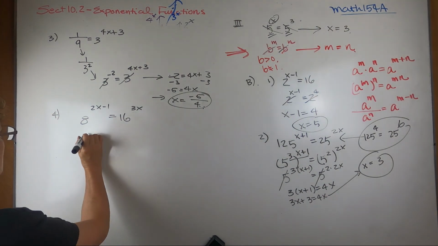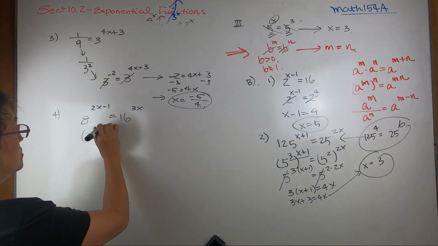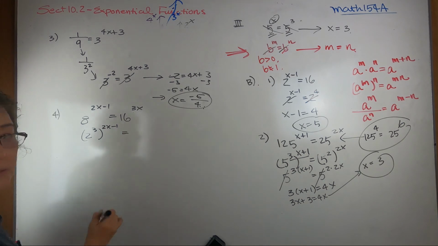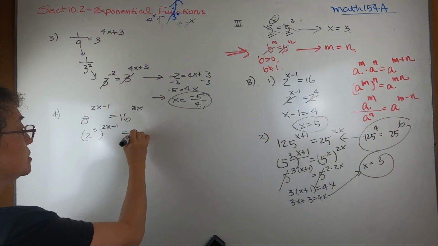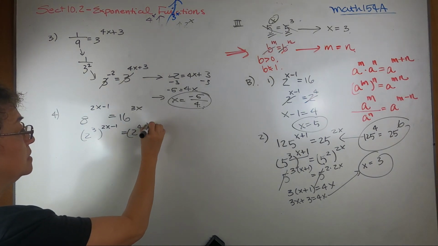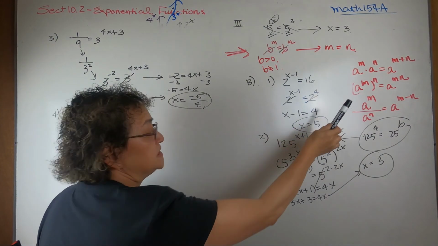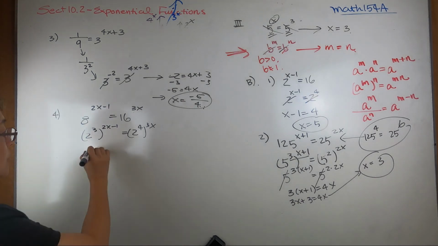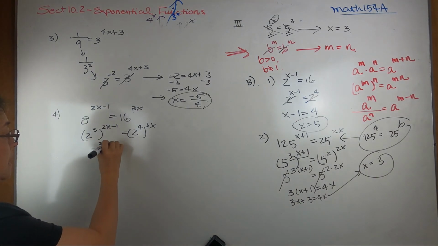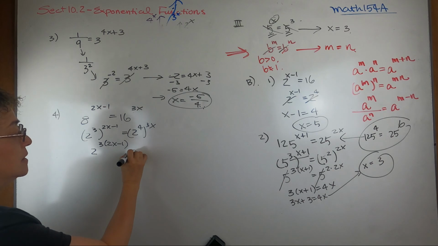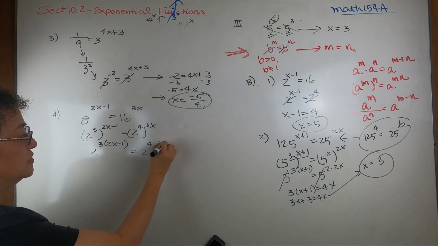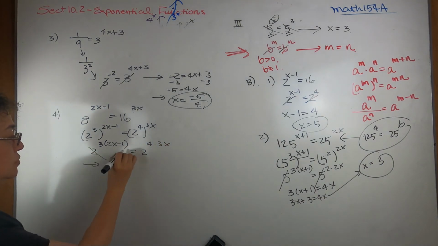So 8 is what? 2 to the 3rd power, right? So 16 is what? 2 to the 4th power, right? Then you use the power property, power on power, that would be what? 3 times (2x minus 1). This is 4 times 3x. Then what do we have?